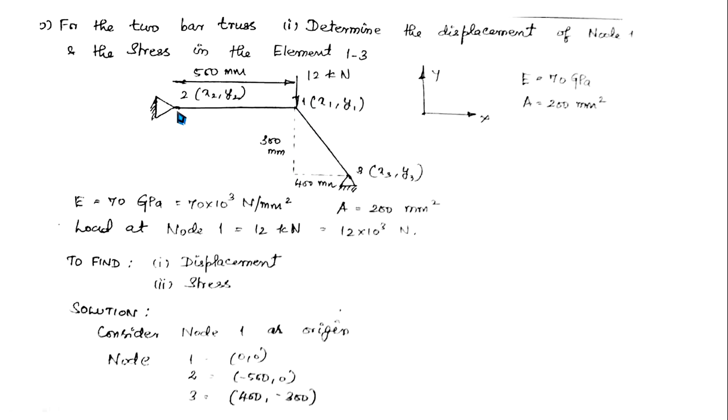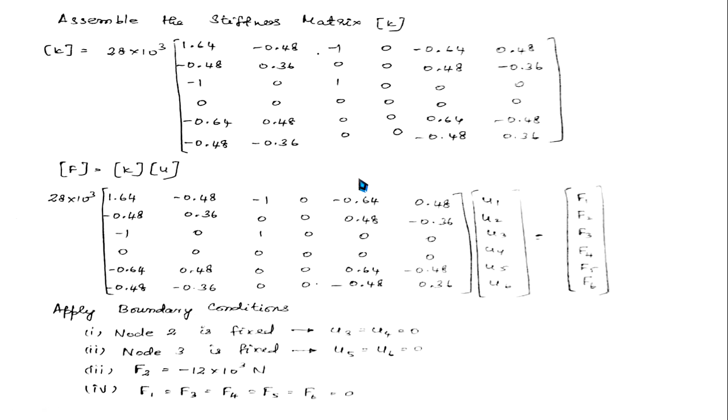What about node 2? F3 is 0, F4 is 0. Come to node number 3: F5 is 0, F6 is 0. That is the boundary condition here. Only F2 is minus 12 kilonewton, whereas the other forces are 0.